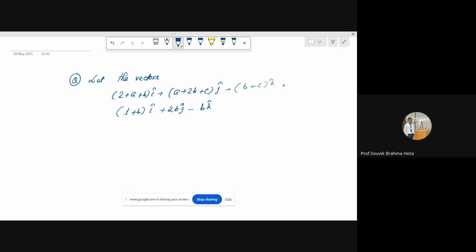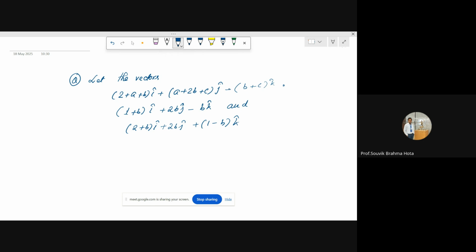And the third vector is (2 + b) i + 2b j + (1 - b) k.